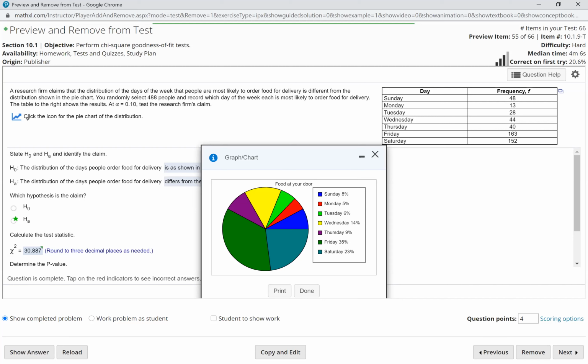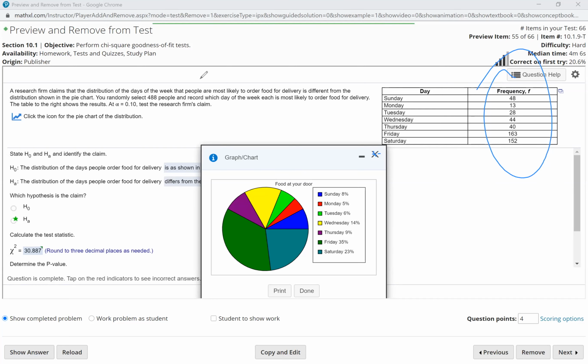But someone is making the claim that the distribution has changed. It's not the same as this. You randomly select 488 people and ask them what days of the week do you order food for delivery? And you got their information right here, guys. Test the claim.